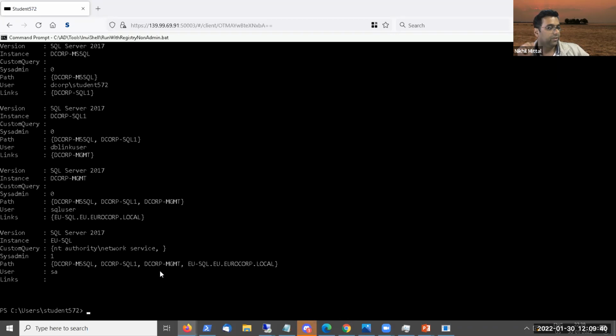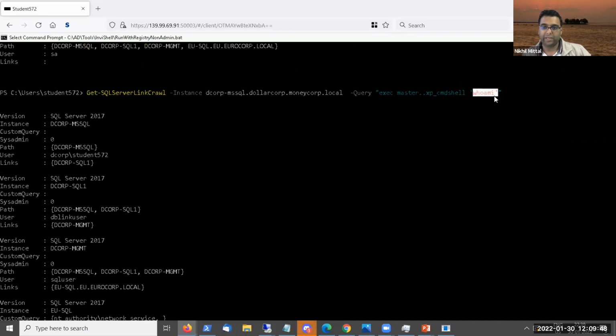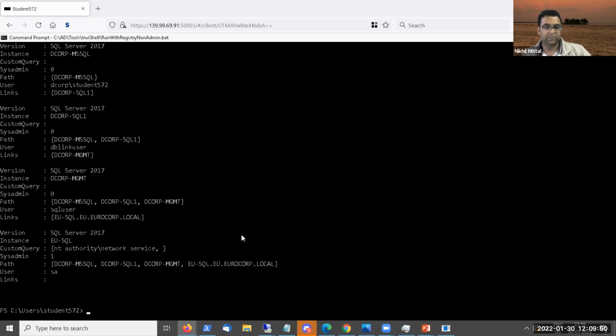That is one. Now, let's say even that was not the case, please always keep in mind, we ran a whoami here on the SQL Server. So this is the SQL Server service account, and the SQL Server service account would always be the sysadmin on the SQL Server. What does that mean? That means if you use this to get a reverse shell on EUSQL, on the OS level, you would be limited to very low privileges, but on the SQL Server level, you would have sysadmin privileges.